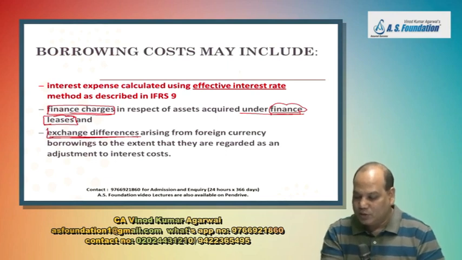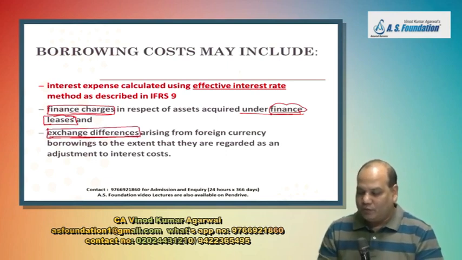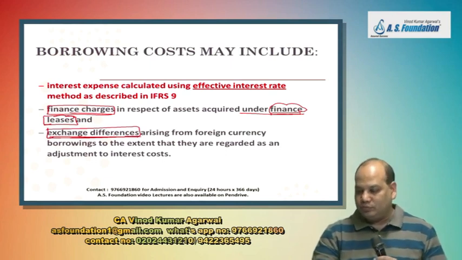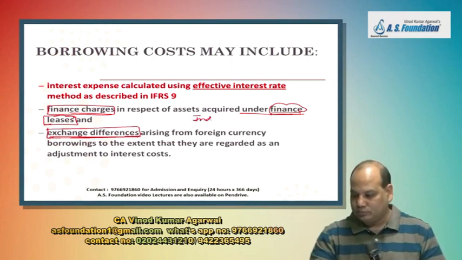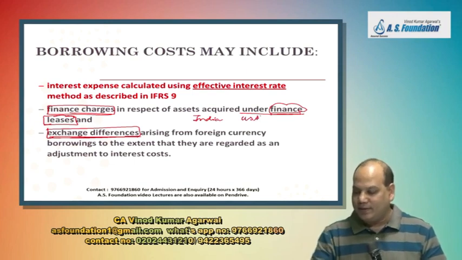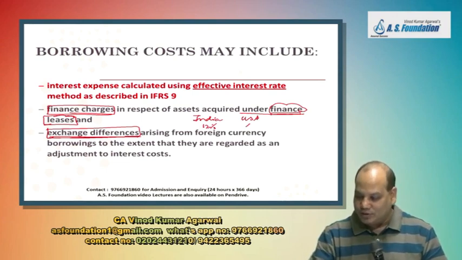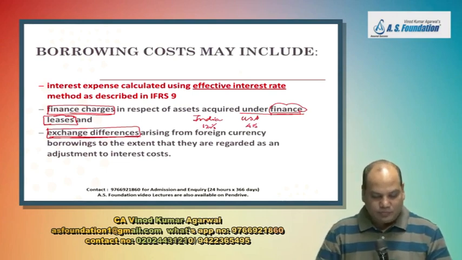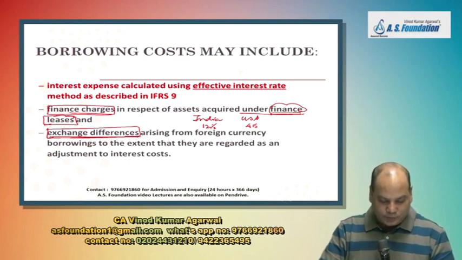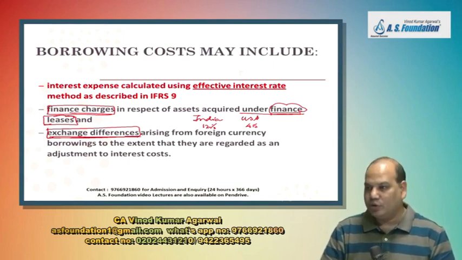Now let me explain this first. If you have to borrow from India or USA, in India the interest rate is 12%. In USA it is 4%. You will borrow from USA.